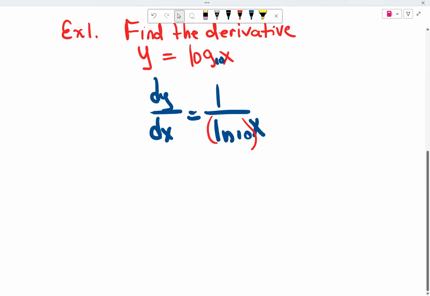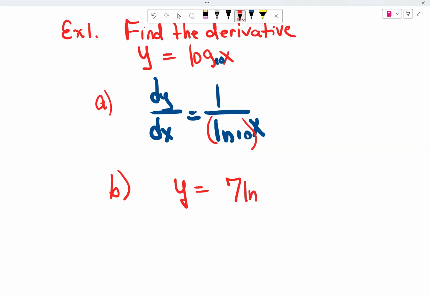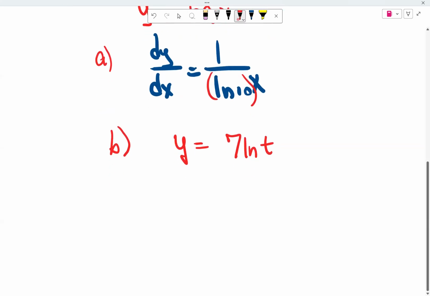Second example I have for you here. We'll call it example A. I'm going to give you example B, where I have y equals 7 natural log of some variable t. So in this case, I want you to remember that this is 7 times the derivative of that natural log of t.